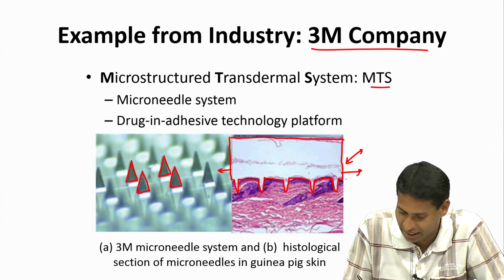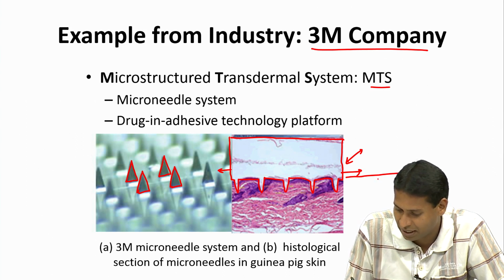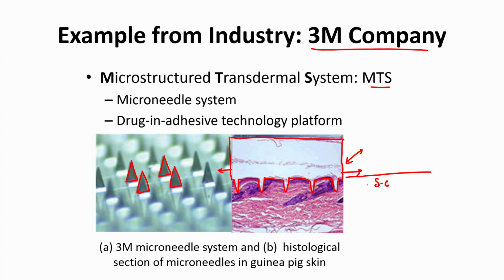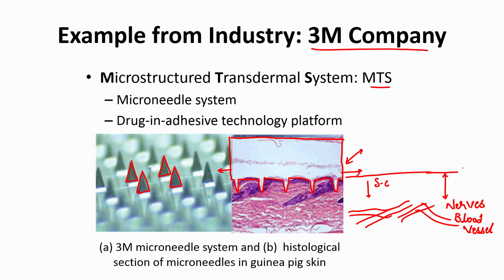If I say this is the starting of the skin, here is your stratum corneum, and then as you go further down you have these nerves running through your skin, nerves and blood vessels, which always go hand in hand. What is being utilized is this gap that is present from the top of your skin to the nerves and the blood vessel layer.